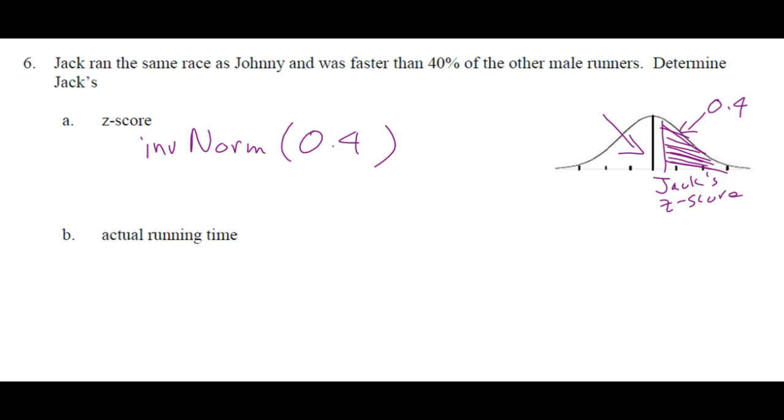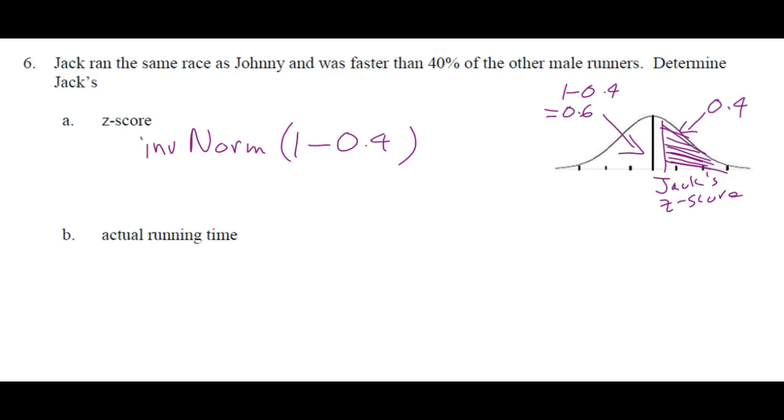What's this area here? Either you can calculate it, so I want to do an inverse norm on 1 minus 0.4. So this area here is 1 minus 0.4, and you can calculate that. It'll be 0.6. Or you can just enter it.